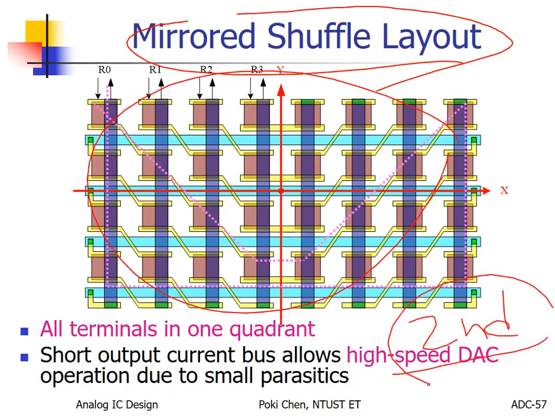For multiple critical devices, multiple means more than 2, you can only match their properties to the second order. That's it, no more. If you would like to match more than second order of mismatch, then for all the papers, you can only match 2 devices.